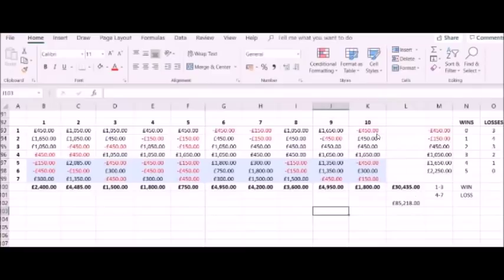But after 10 weeks on the percentage risk-based approach, this is actually 90,000, not 30.